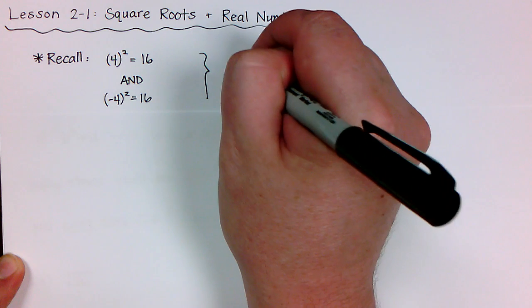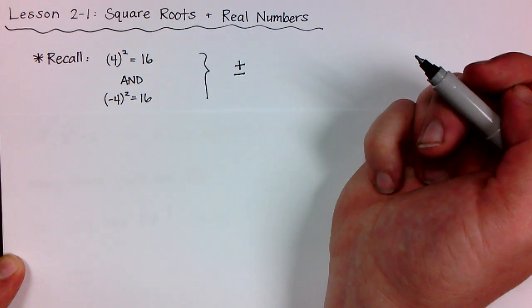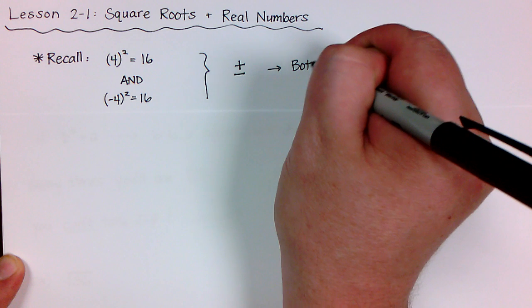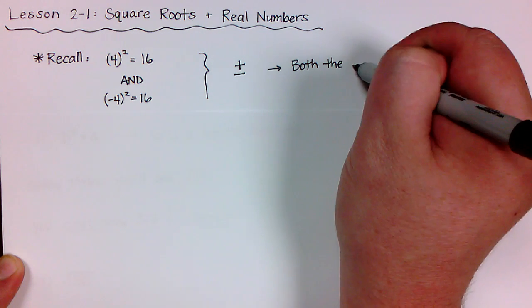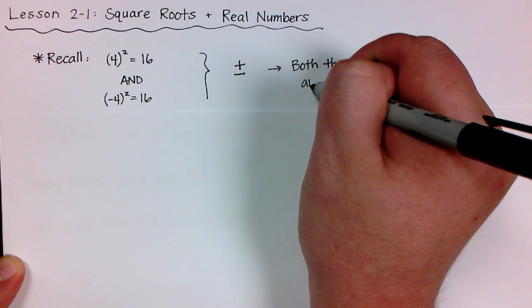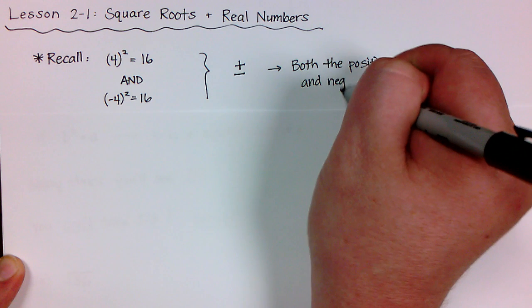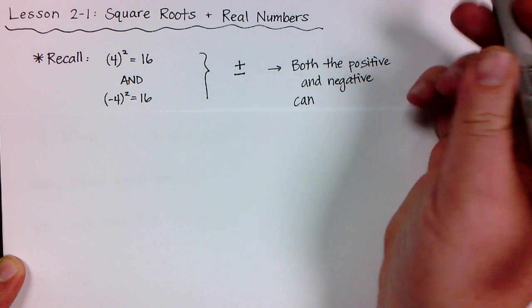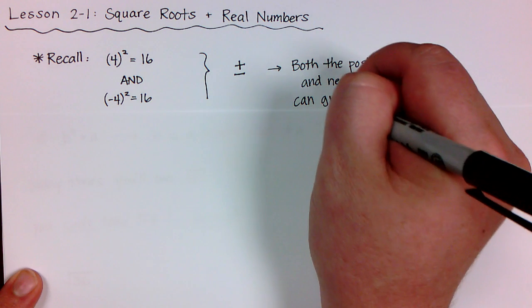So sometimes you might see this symbol, plus or minus, and that just means that both the positive and negative can give the same answer when we square it.